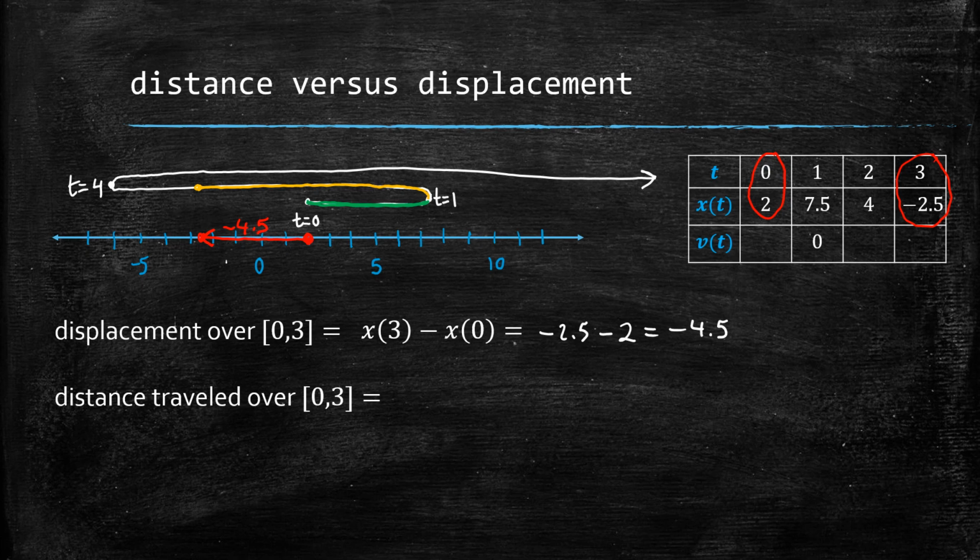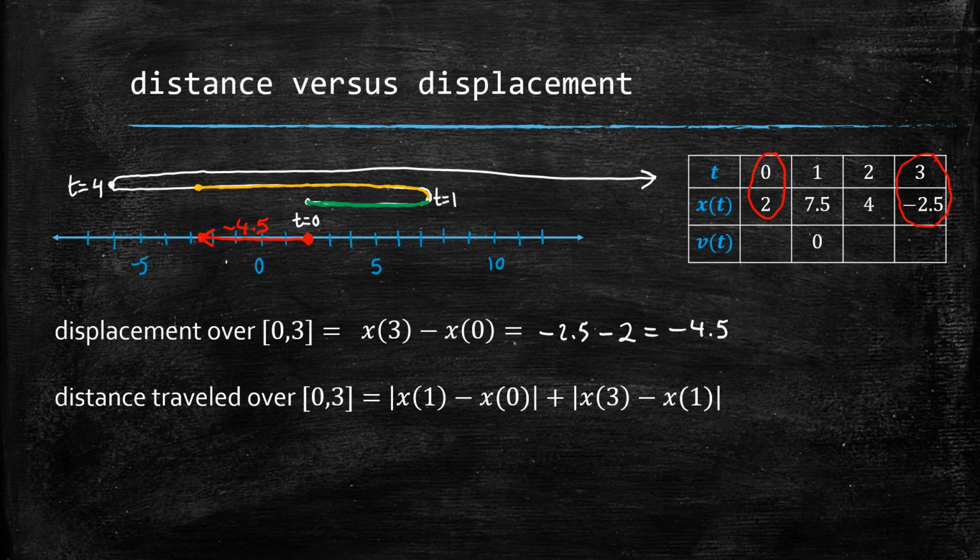So to work out the distance, we need 2 components, and that's given by these 2 expressions. Notice that I've put absolute value there because, unlike displacement, where the sign matters, for distance we're talking about a positive quantity.